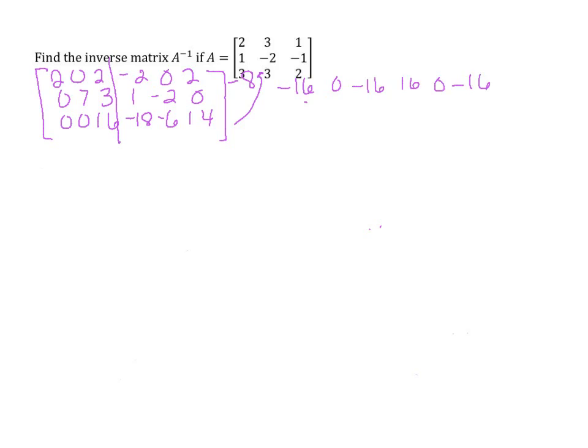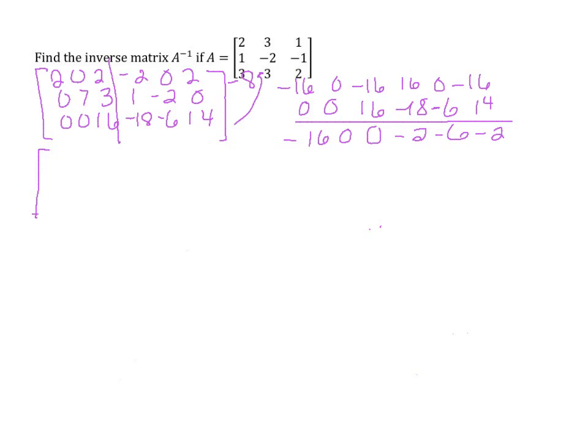Add that to our bottom row. And we'll end up with -16, 0, 0, -2, -6, and -2. So that becomes our new top row.